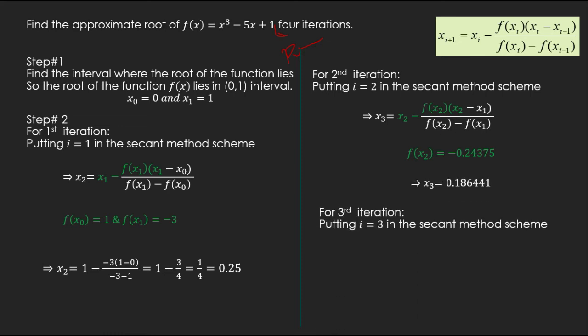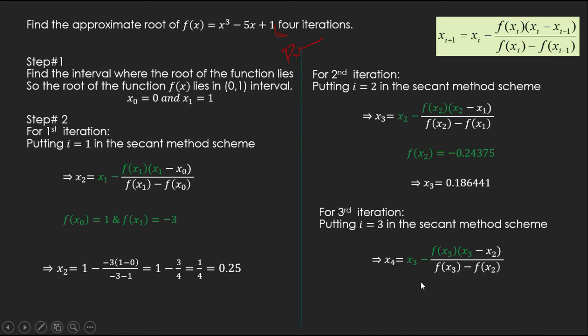In the same way, for the third iteration, you need to substitute i equal to 3 in the scheme and you will get x4 is equal to x3 minus f of x3 into x3 minus x2 divided by f of x3 minus f of x2. The only unknown value is f of x3, and you will get it by substituting this value in the given function.